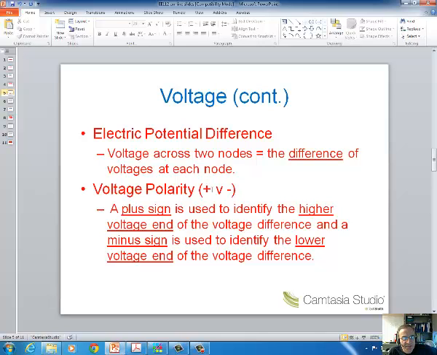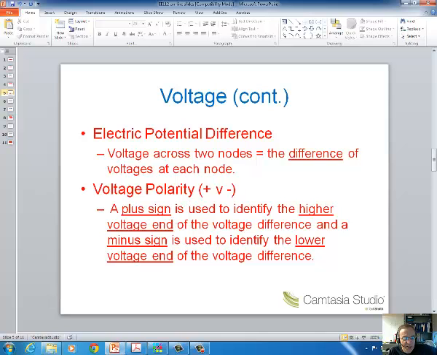But this plus minus that surrounds our voltage on a diagram is called the voltage polarity. And because voltage across some circuit element is the difference of the two voltages at each end or each node of that element, the polarity tells you which end is the higher voltage end and which end is the lower voltage end.